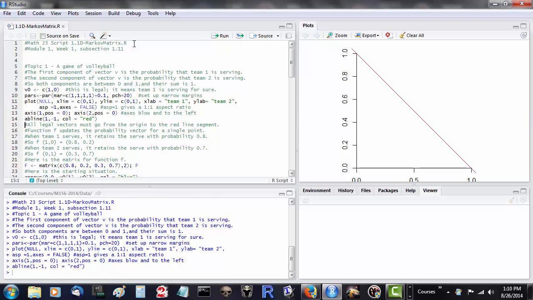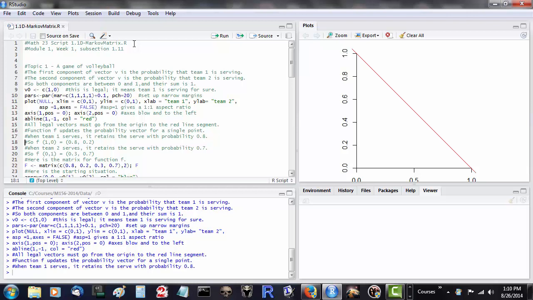Now I've drawn a line that goes from (1, 0) to (0, 1). That red line segment in between the axes represents all possible points, or vectors, you can think of them either way, where the sum of the two components is 1 and both of them are positive.